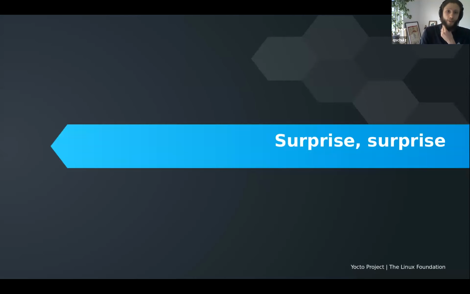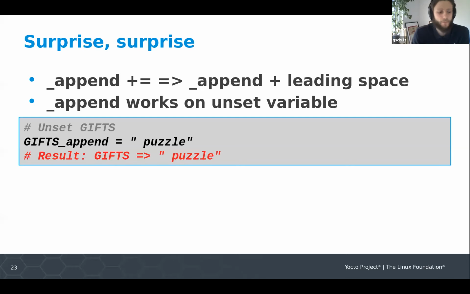All right, surprise, surprise. Obviously, not everything is straightforward. There are some places in the code, in third-party layers, where you have _append plus equal. And the thing you have to understand is that it doesn't do what you think it does. _append plus equal is just the equivalent of _append plus the leading space.